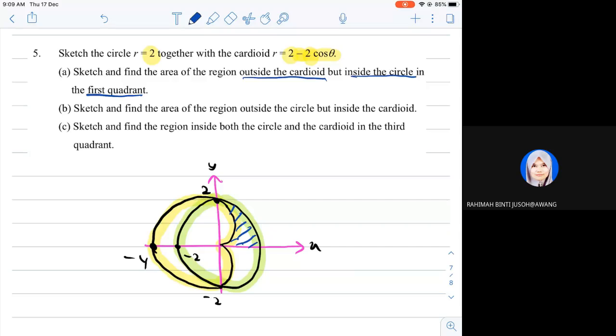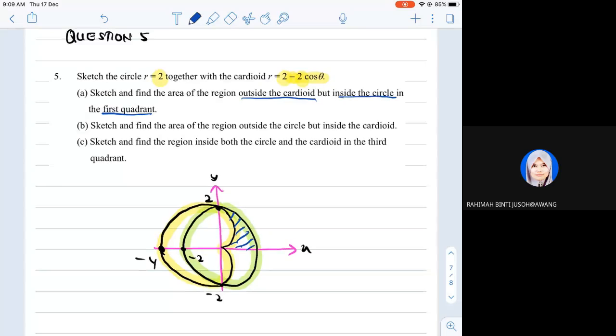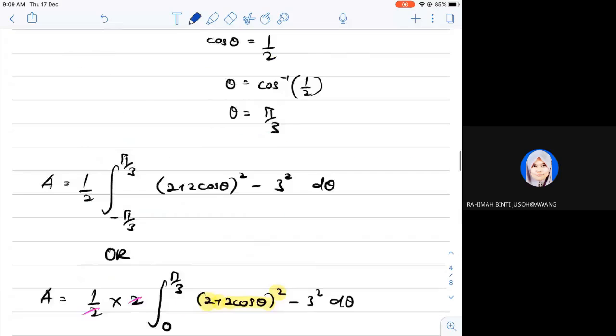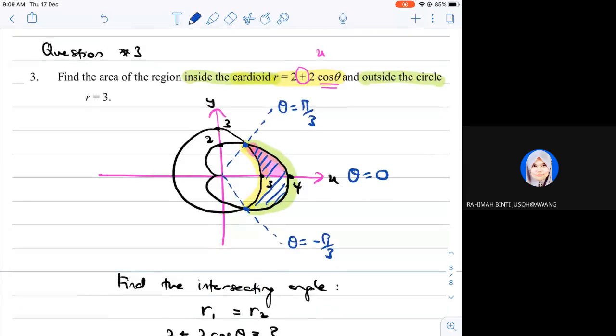Now guys, from the region itself, we can see directly that the intersecting angle is located on the axis. So automatically we know that this angle equals 0 and this angle equals pi over 2. This question is different from the previous question. In the previous question, the intersection was not exactly on the axis.